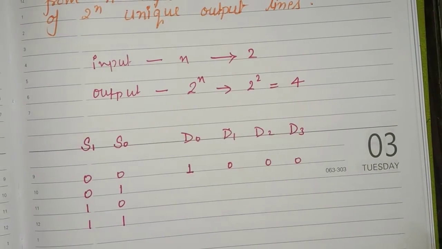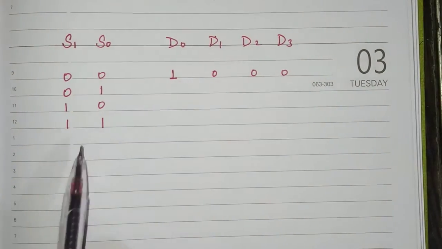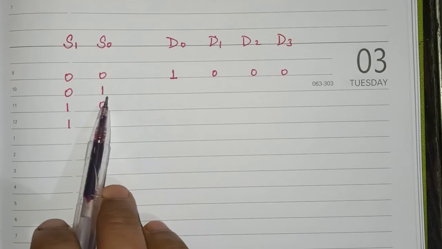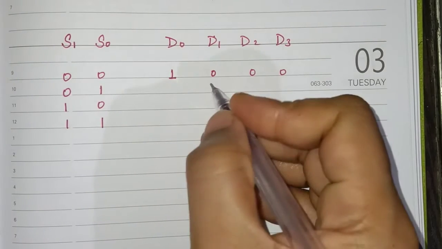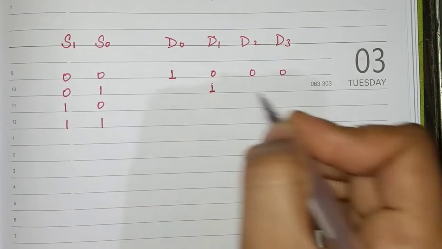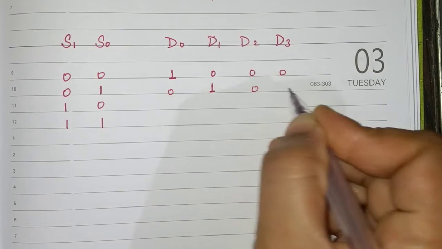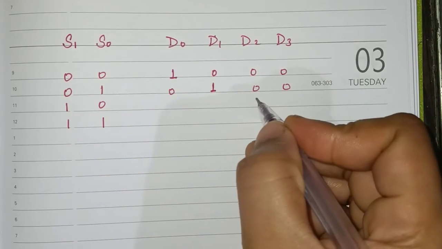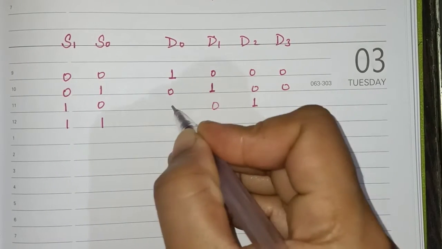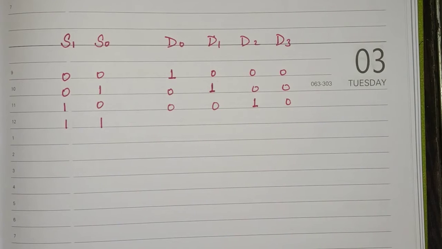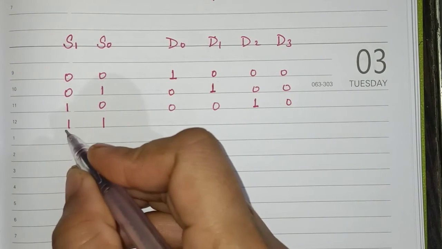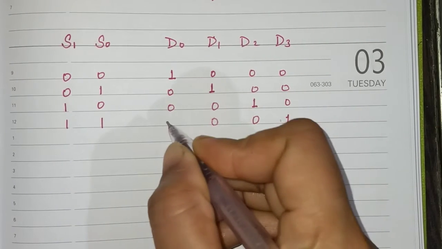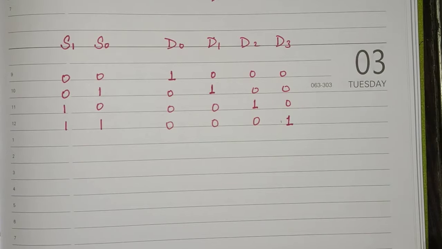Clear that? Next, if our input is S1 S0 equal to 0 1, it's decimal 1. So the D1 output is high, the rest are low. For 1 0, D2 is high, the rest are low, and for 1 1, D3 is high, the rest of the outputs are 0, or you can say low.